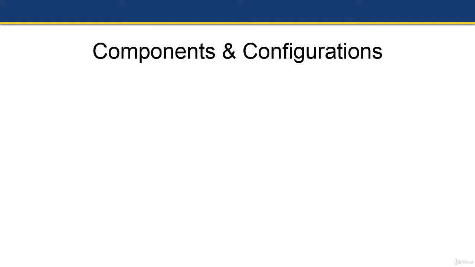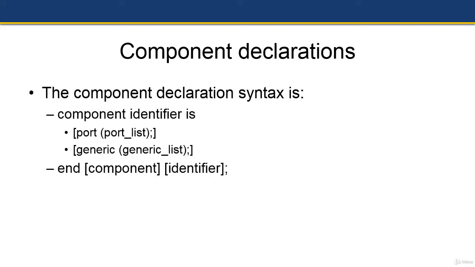We took a look at components, their declarations and instantiations before. Now we're going to look at configurations as well. They allow us to provide a hierarchical architecture to our designs if they become more sophisticated. We've looked at this before, component declarations.